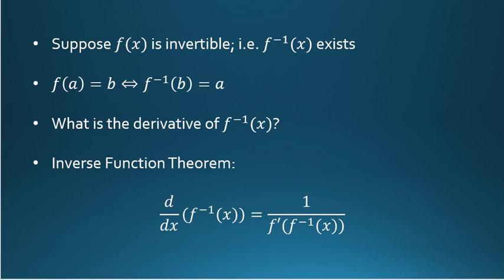You're going to differentiate f, find f prime of x, and then take the composition f prime circle f inverse. That's going to be the denominator of your fraction. In the numerator, you're just going to have a 1.